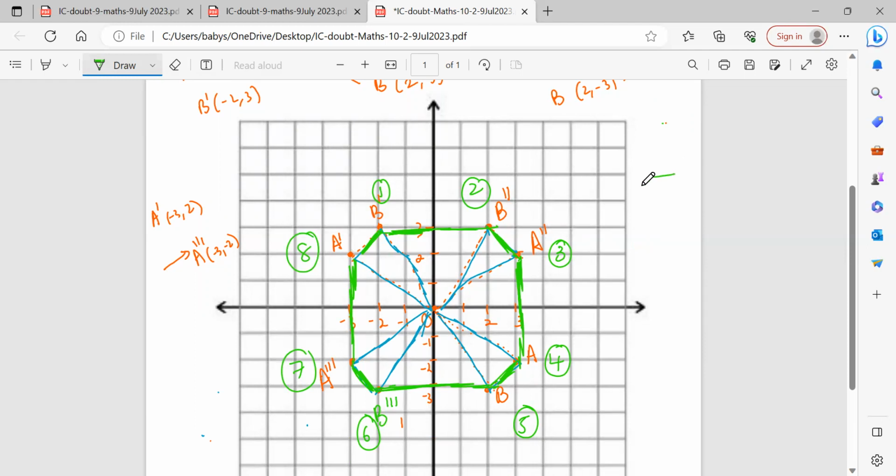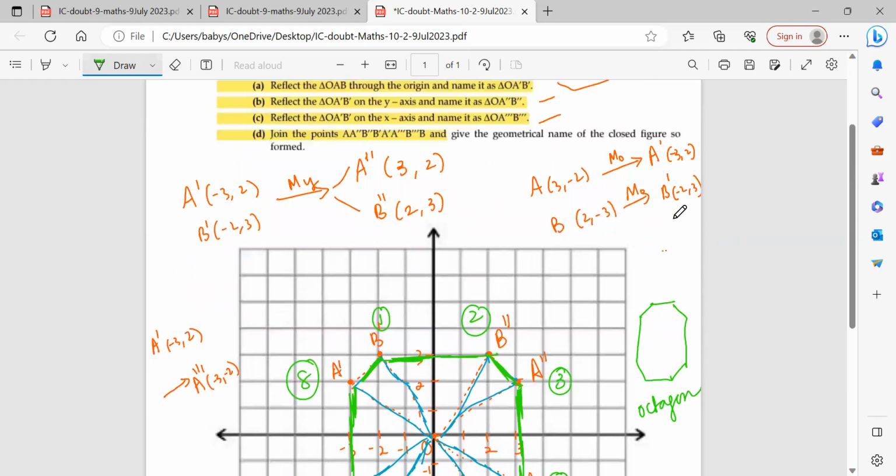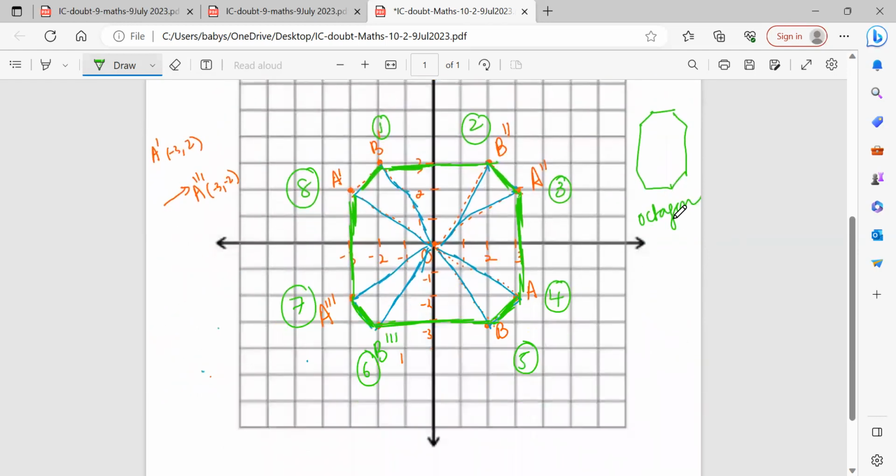It's not a regular octagon. The sides are not of equal length, you can see. A dash, B dash is shorter compared to B dash, B double dash, but it's an octagon. You can just say it's an octagon or an eight-sided polygon. An eight-sided closed figure is called an eight-sided polygon or octagon. Okay, you can leave it at this.